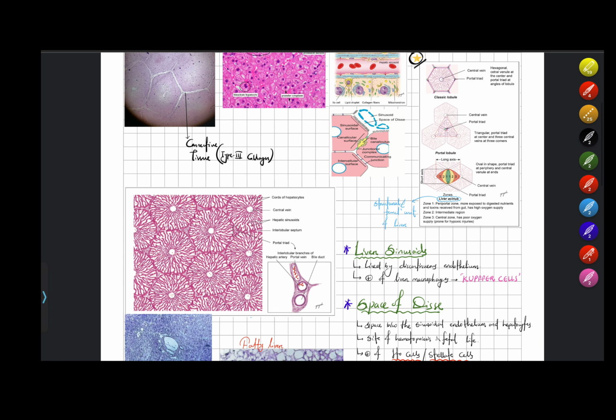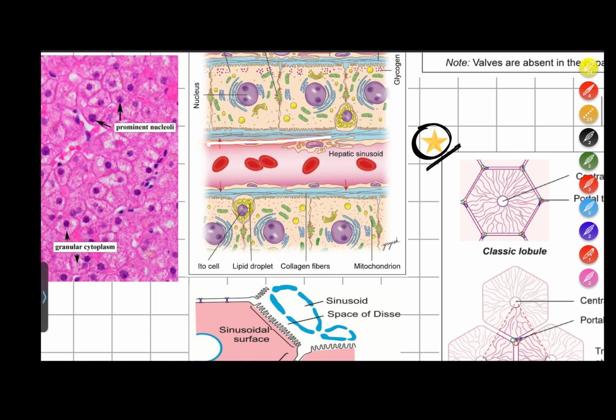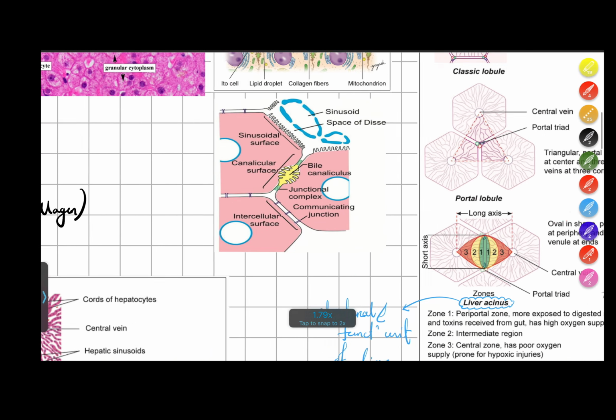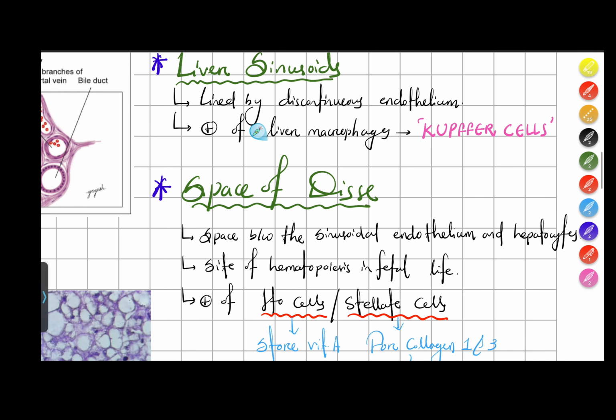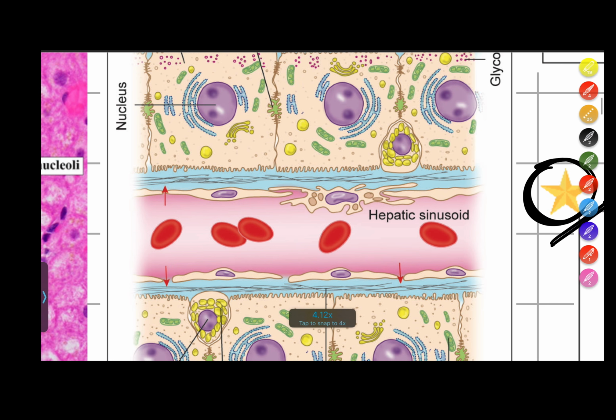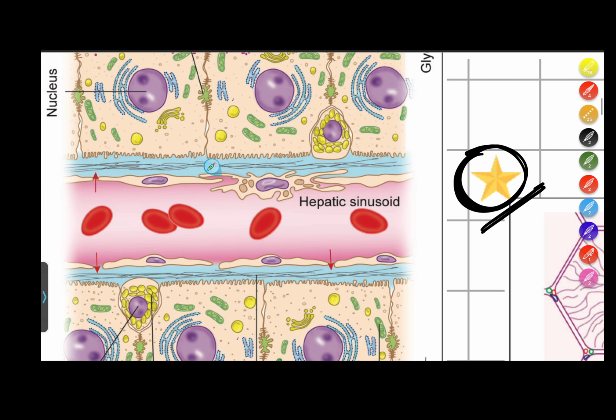This is the liver sinusoid, these are the discontinuous endothelium, and here you can see the liver macrophage, also known as a buffer cell.